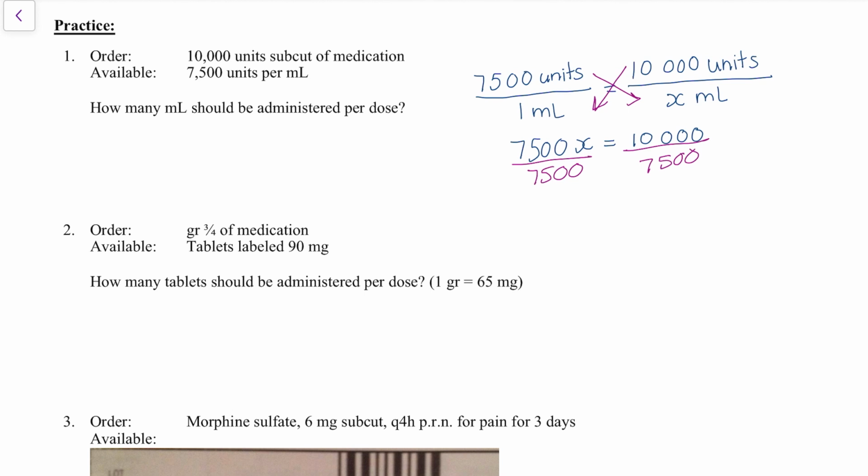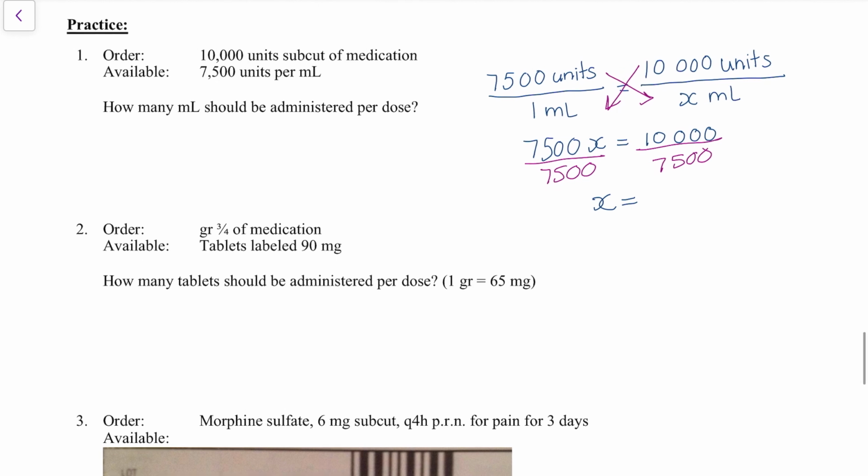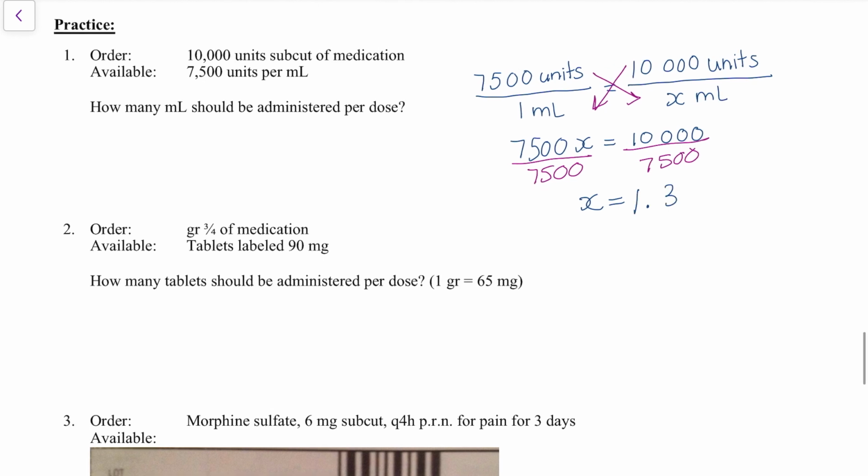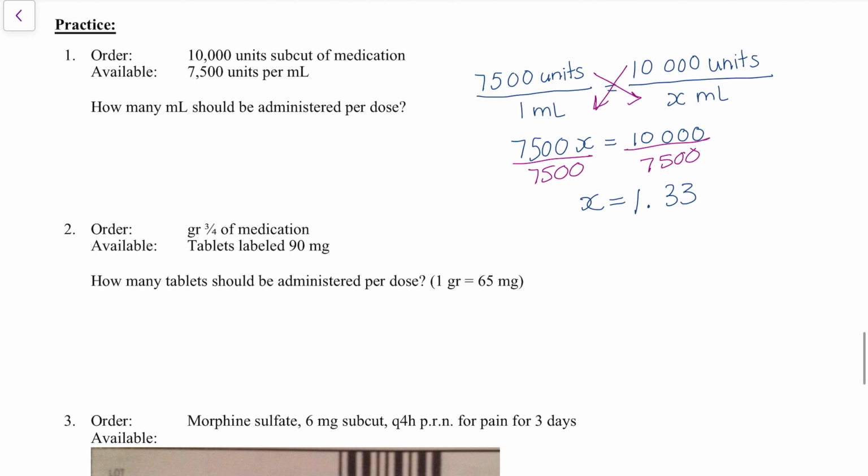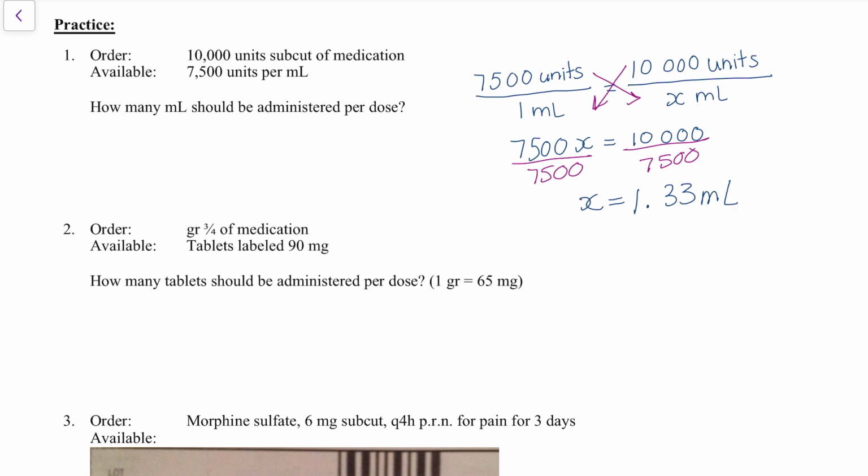And we get x equals 1.33 repeated milliliters. And again, next lesson, we're going to be looking at safe practices. So you would look at how to round this number and whether rounding this number is safe. Okay, so for right now, we'll just leave it at 1.33 milliliters.